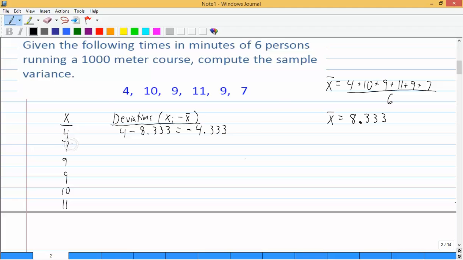Then we look at the data item 7. So the difference there, 7 minus 8.333, that's just going to be negative 1.333.